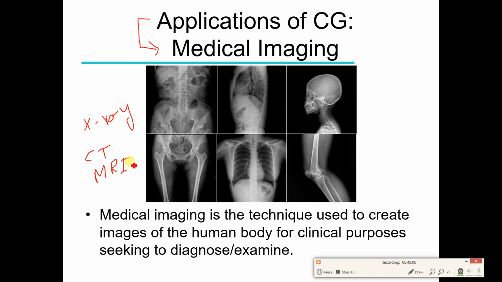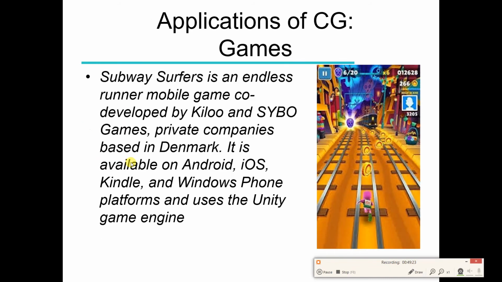For example, if you want to know whether there is any problem in the stomach or in the colon, then colonoscopy or other techniques can be used, in which we are using a camera which provides the picture to the doctors, and by looking at the picture on the computer screen, they can identify the issues. So it is a very constructive application for computer graphics in medical imaging.